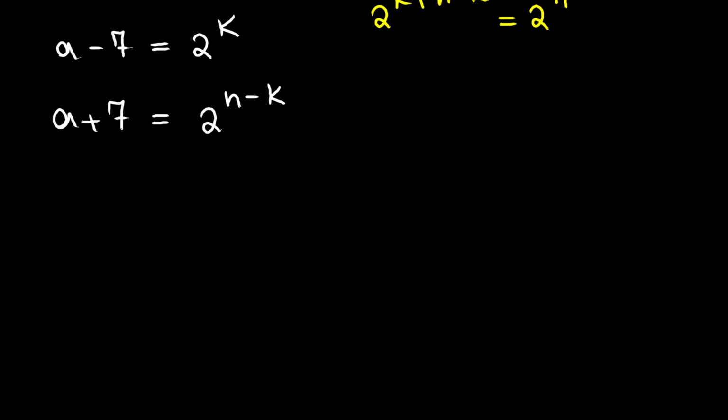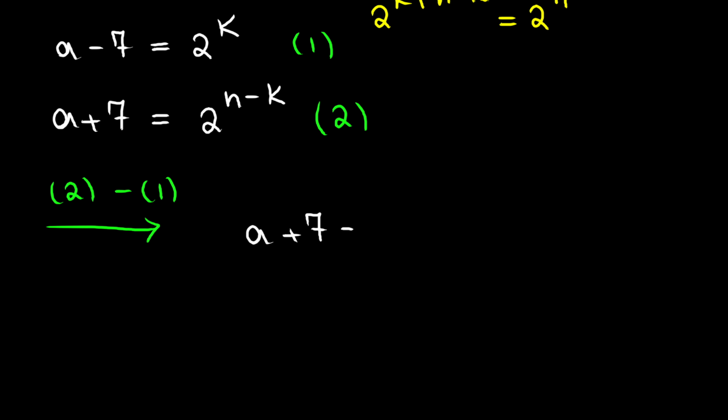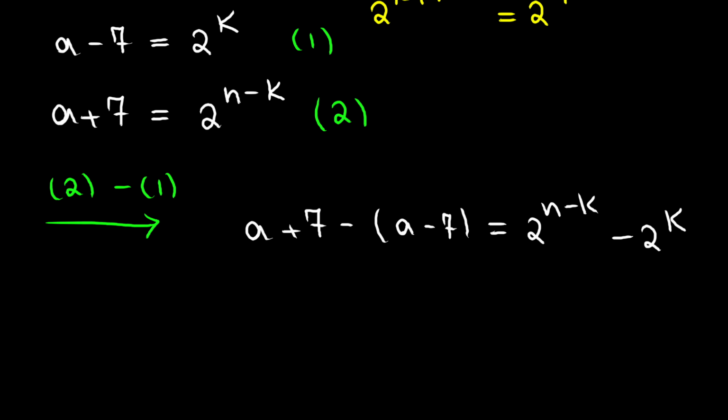Now, let's go ahead and say that this is equation number 1, this is equation number 2, and let's subtract number 1 from number 2 to get a plus 7 minus the quantity a minus 7 equals 2 to the power of n minus k minus 2 to the power of k.